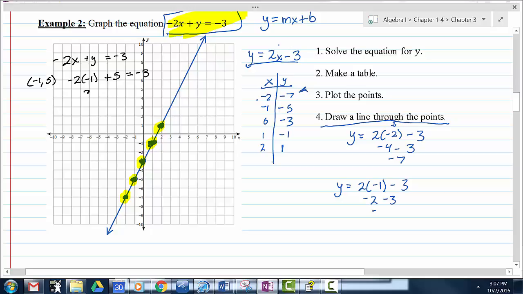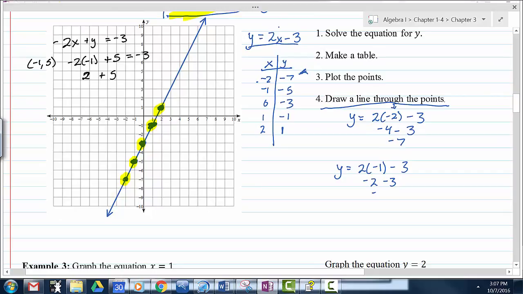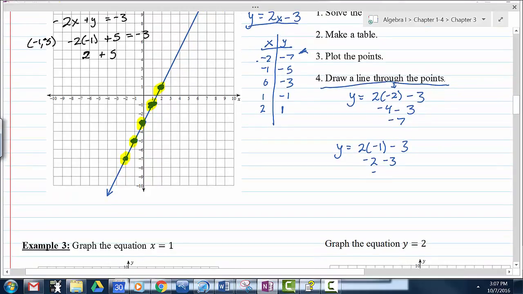That's going to be 2 plus 5. Hold on, wait a minute. I'm sorry, that's a negative 5. 2 plus negative 5 is going to equal negative 3. So it gives us a true statement. So it works as a solution. Same thing with all the other points I highlighted and everything in between and on the outsides of it. But we'll get to those in a second.